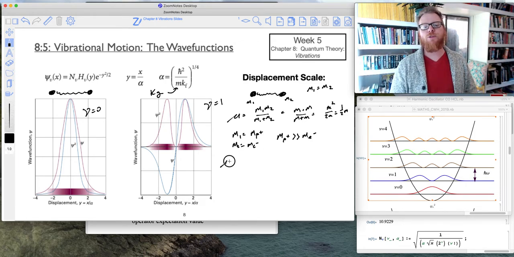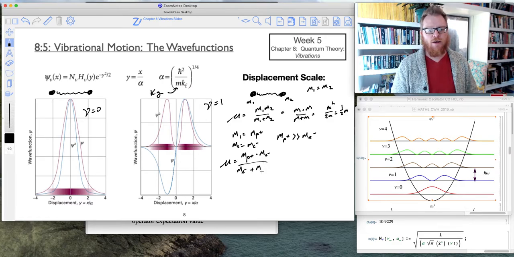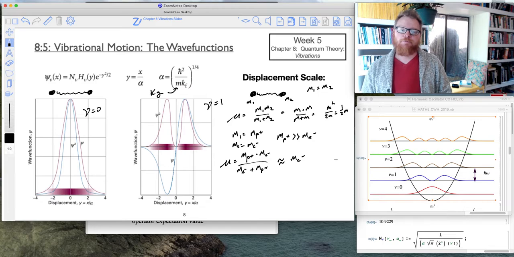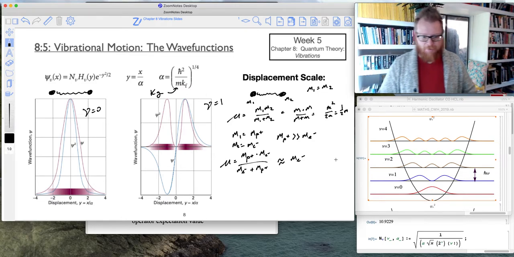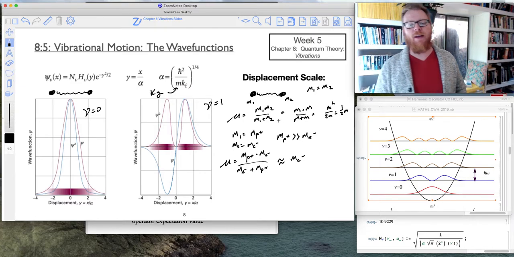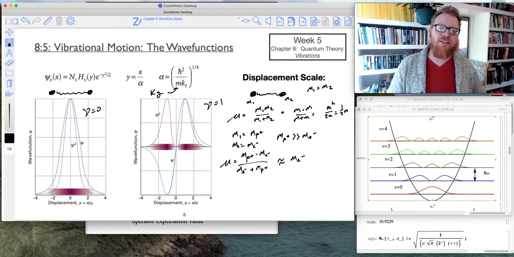Well, what is the reduced mass of this pair? As it turns out, the mass of the electron times the mass of the proton divided by the mass of the electron plus the mass of the proton is basically just equal to the mass of the electron. And the reason for that is because the mass of the electron adds hardly anything to the mass of the proton.